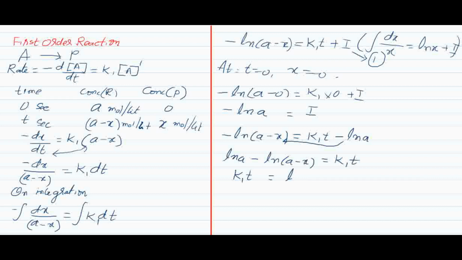Taking the ln in common, that is a by a minus x. Now this K1 equals 1 by t ln a by a minus x. So this is equation 2. So the rate constant K1 equals 1 by t ln a by a minus x.